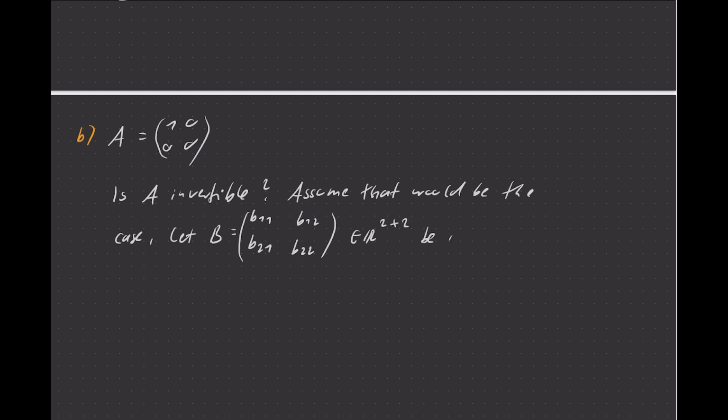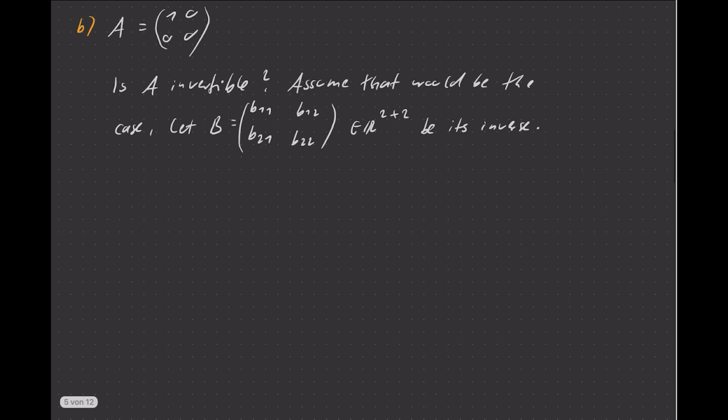Then we know that I2 is A times B. And we can compute A times B, actually. So we have the matrix A, and we have the matrix B. So let's just do the computations.